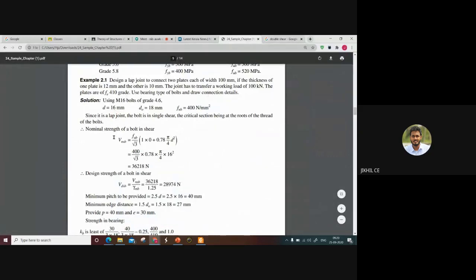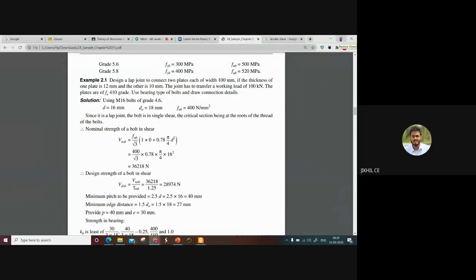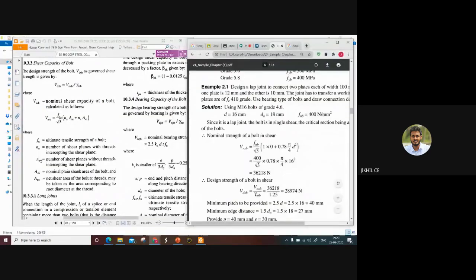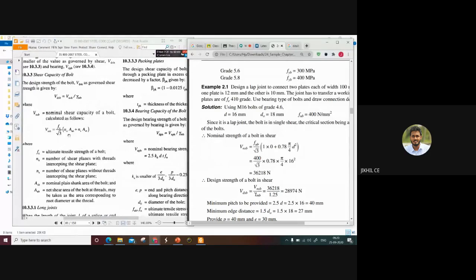And we have the nominal strength of bolt in shear. We have the equation. On the left side, I have the Indian Standard Code for the steel, and we already went through this equation.